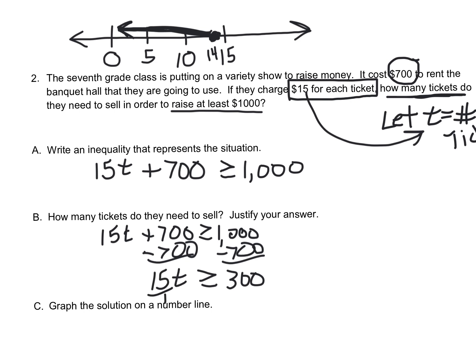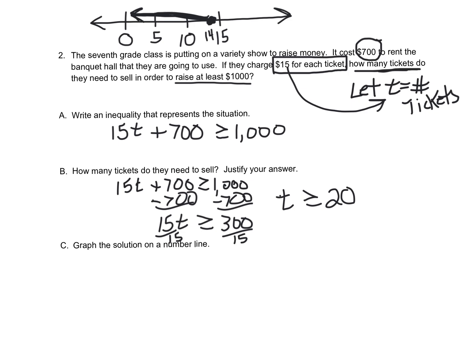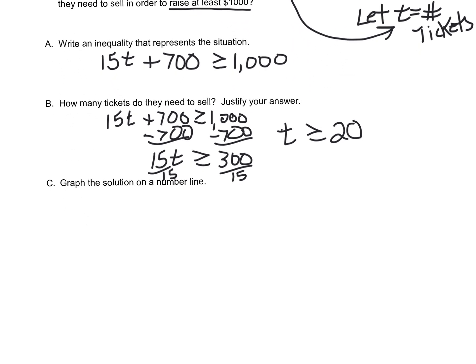So I divide by 15, and I get T is greater than or equal to 20. Okay, so we have to sell at least 20 tickets. We can sell 20 or 100 or 500. Really doesn't matter once we go over that 20.